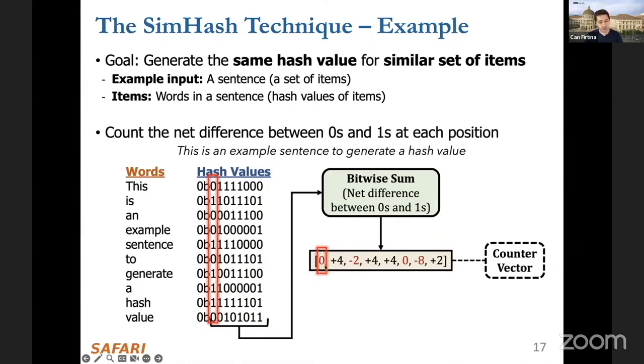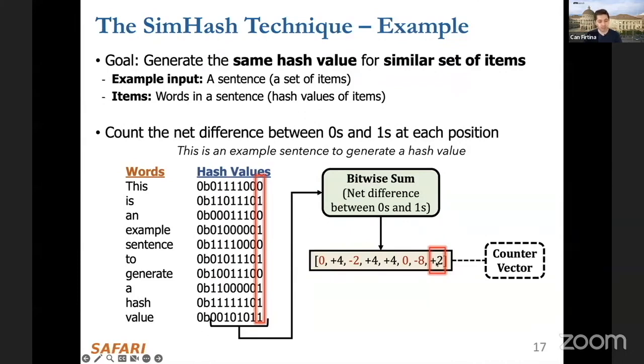If we see a 0, this means that the number of zeros and ones at this particular position is equal to each other. So the net difference is 0. Here we show the net difference at the least significant bit position, which is the rightmost position.